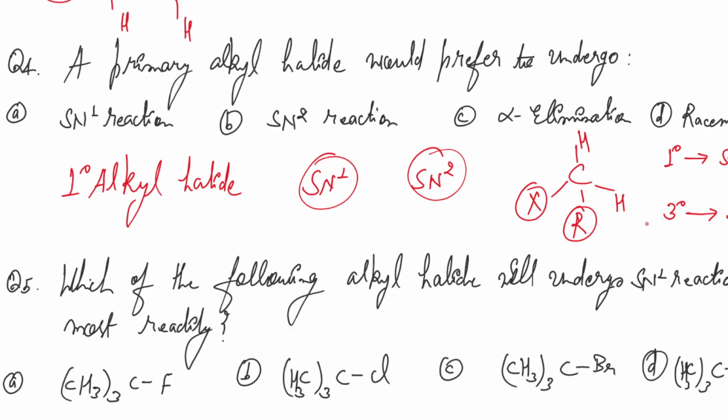So the primary alkyl halide will go with the SN2 mechanism.